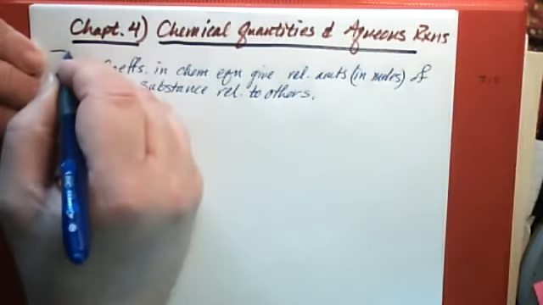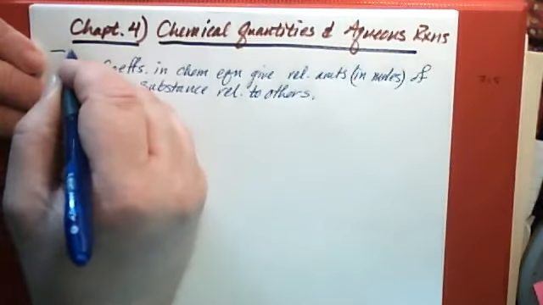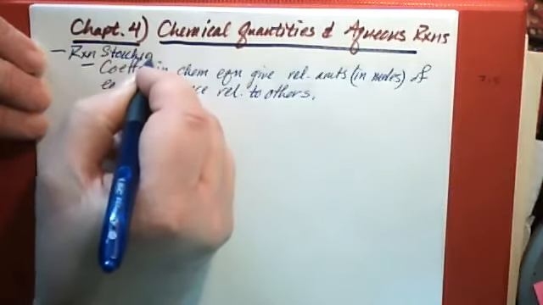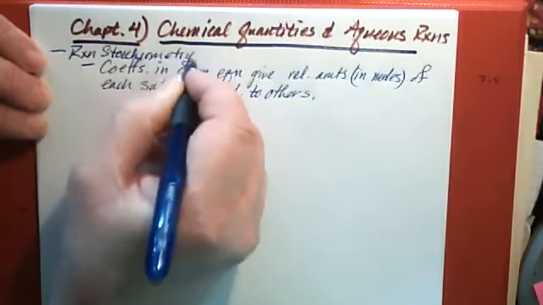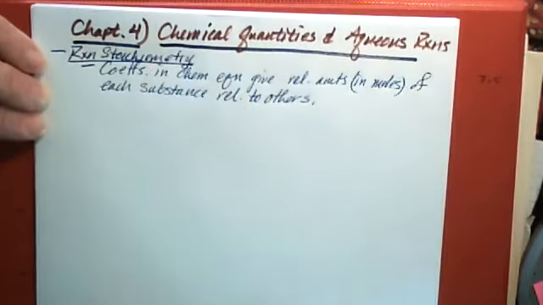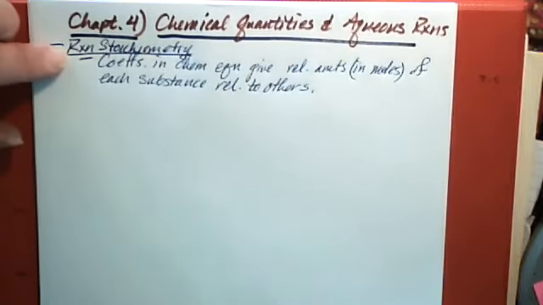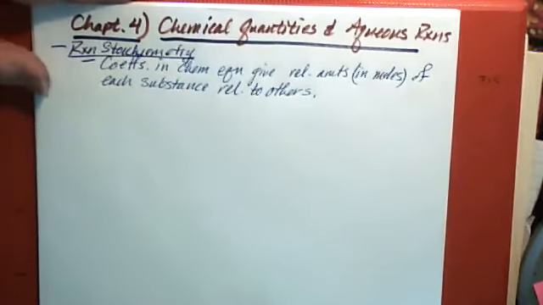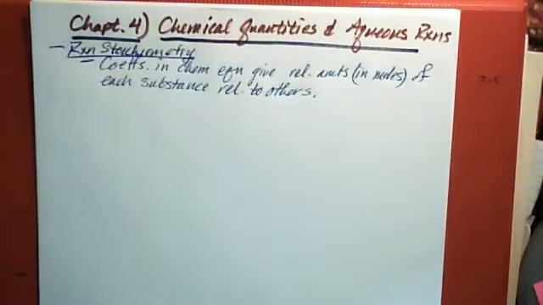Under the topic in the first section that we're going to be concerned about is reaction stoichiometry. Reaction stoichiometry is section 4.2, and it has to do with the relationships of specific amounts of things to each other in a chemical reaction.